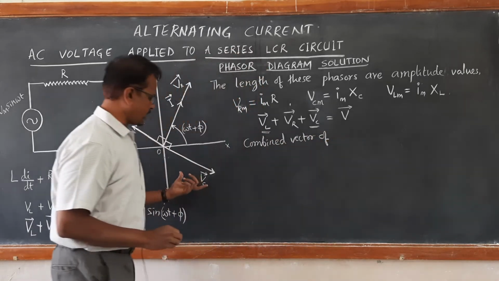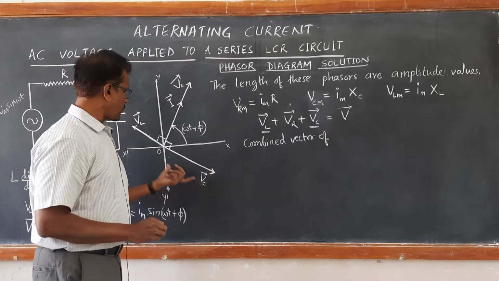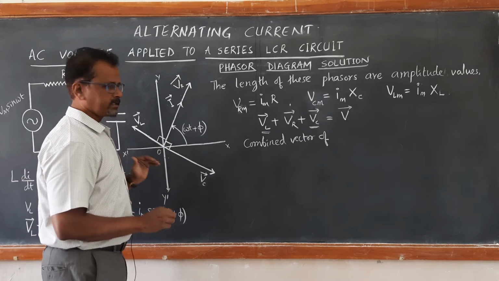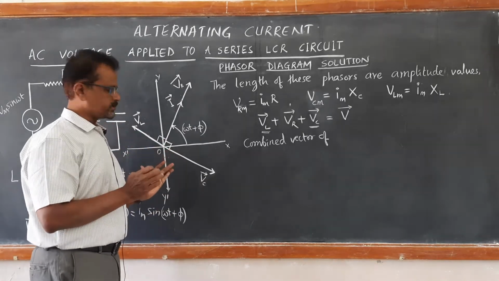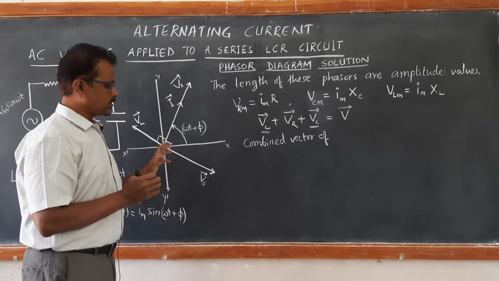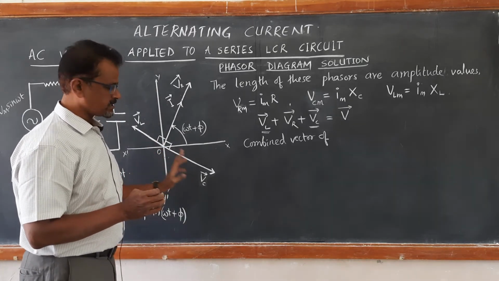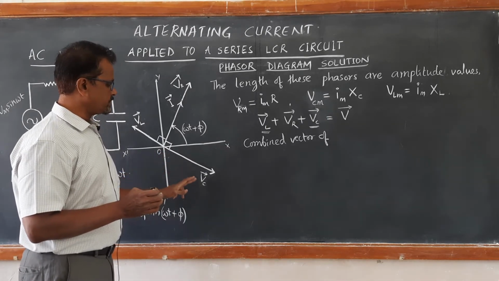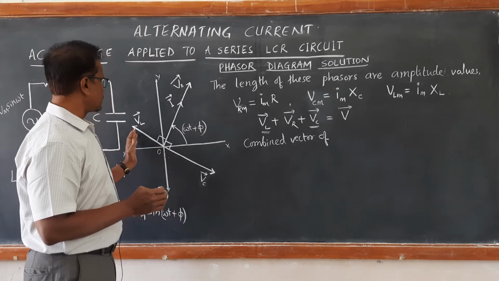So purposely I have taken VC longer than VL, so that when we do vector addition of VC vector plus VL vector, we will get a resultant vector in the same direction as that of VC, which is longer, and whose magnitude will be VCM minus VLM.